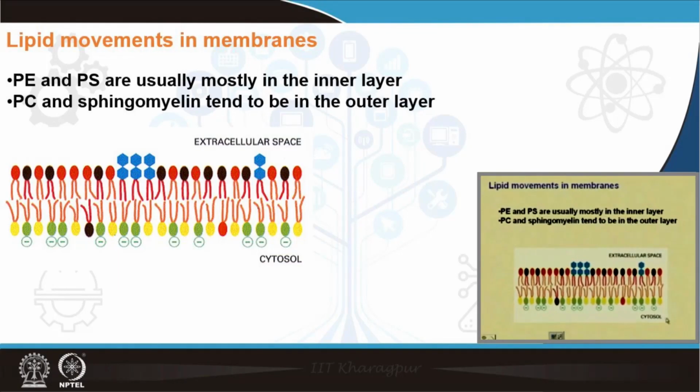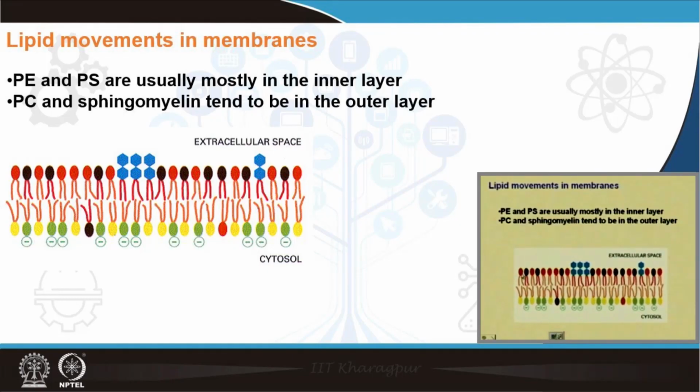What we have here is the cytosol. What is the cytosol? It is inside the cell. Extracellular space means it is outside the cell. What we have here is we now know that we have all these different membranes. So, we have the red and the black ones and the blue ones with the sugars attached to them, more preferred on the surface, and a few red and black ones in the inner leaflet, but populated more by green and yellow ones.